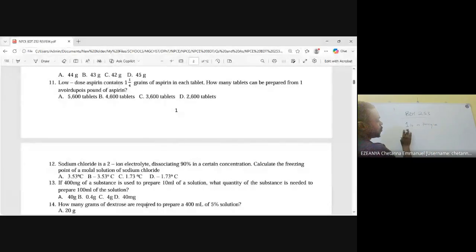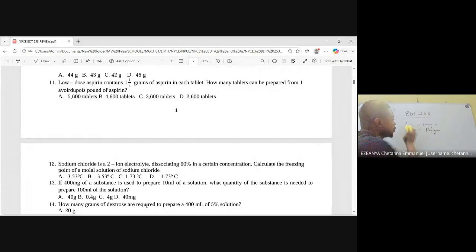So if one avoirdupois pound is 7,000 grains, and this 1 1/4 grains, if you put it here, is simply 1.25. So don't mind my marker. What is the implication? Now, but one tablet is 1 1/4 grains.